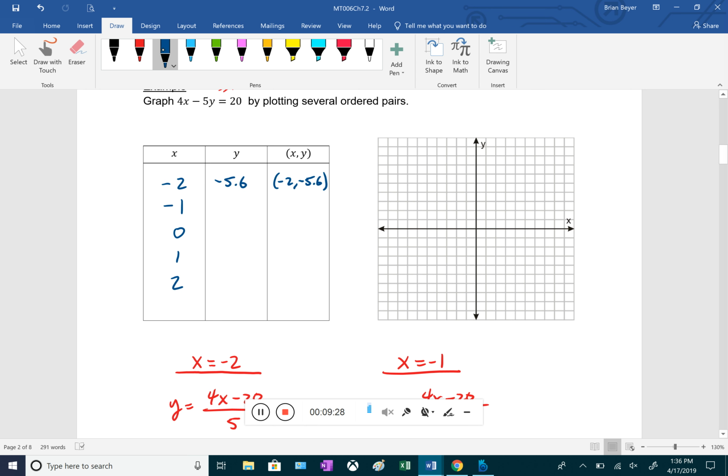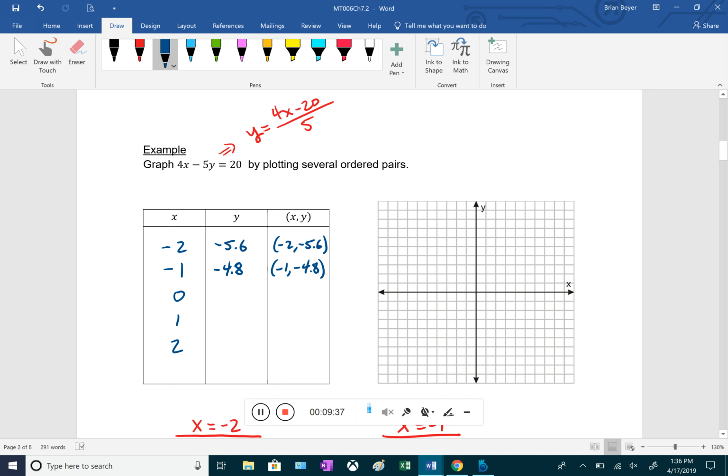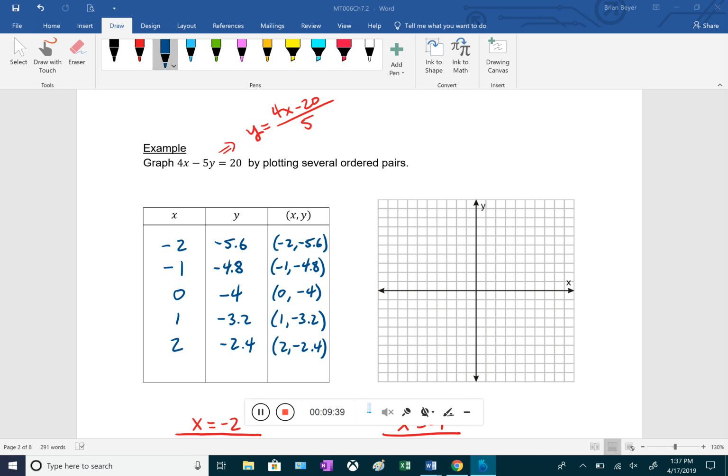So that's the y value here, and the xy ordered pair is -1, -4.8. If you wanted to test these other ones, I'll just fill them in. These are the other ordered pairs that we get. And notice that the y values are increasing by 0.8 each time.